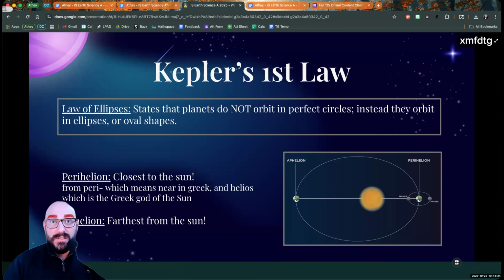It turns out the stars and the planets actually pull on each other. You need two objects to create gravity. Two chunks of mass to create gravity. And they pull on each other, and so that's why you get these elliptical shapes instead of perfect circles.